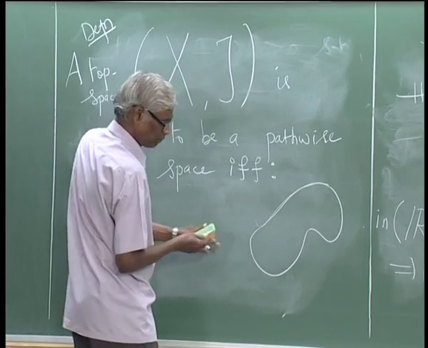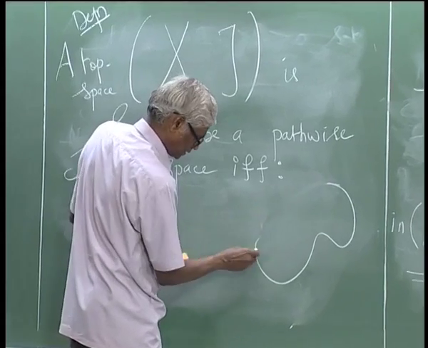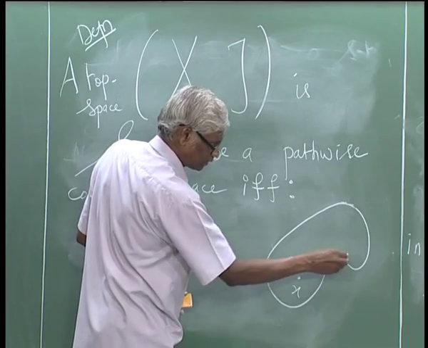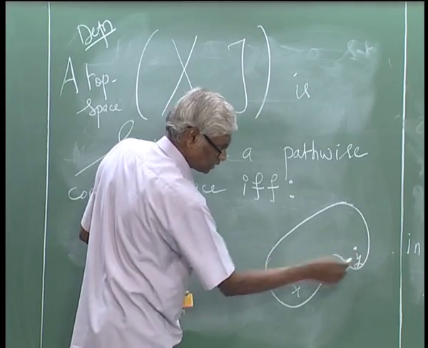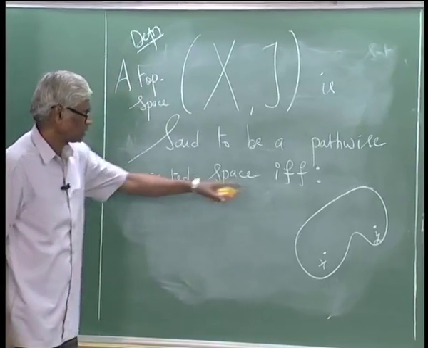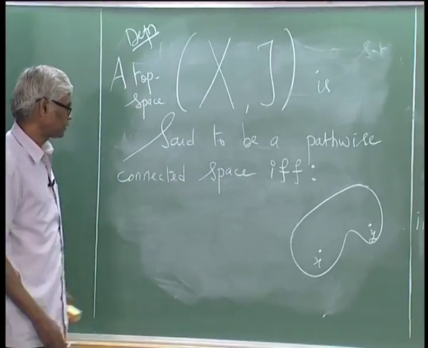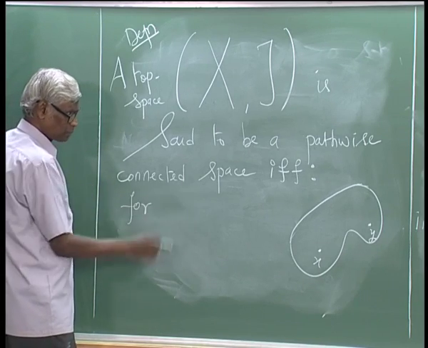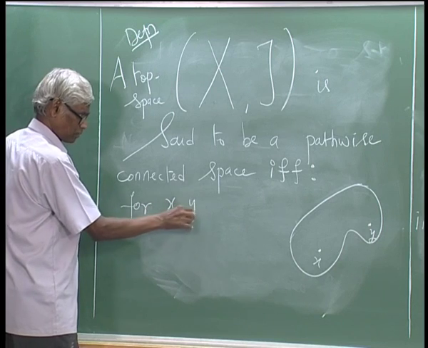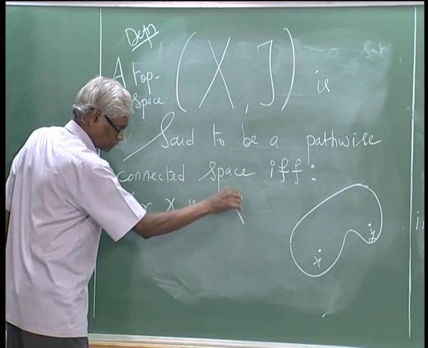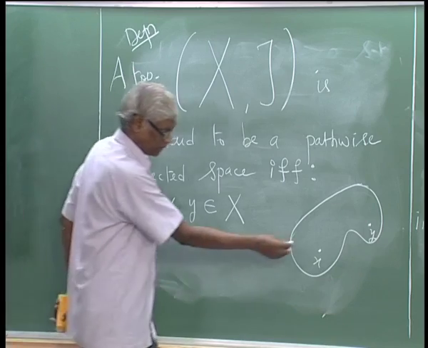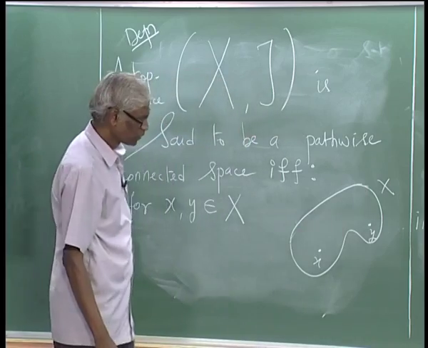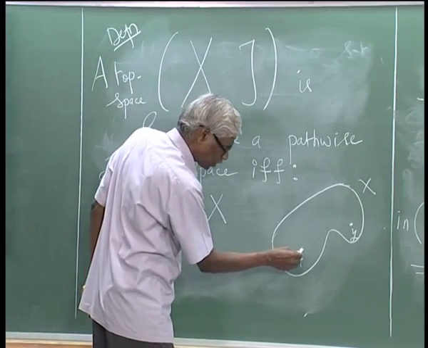So, like this is some space X in R2. Now take any x, y. It is said to be a pathwise connected space if and only if for each pair, that means for x, y belonging to our space X, we should be able to join them.